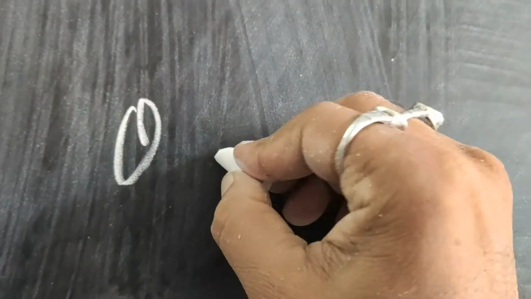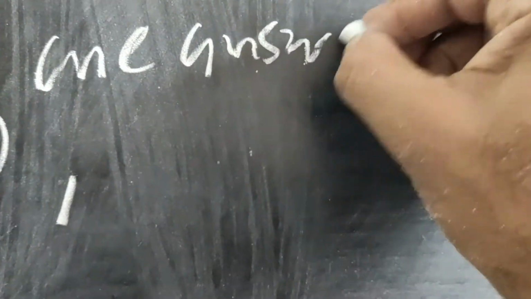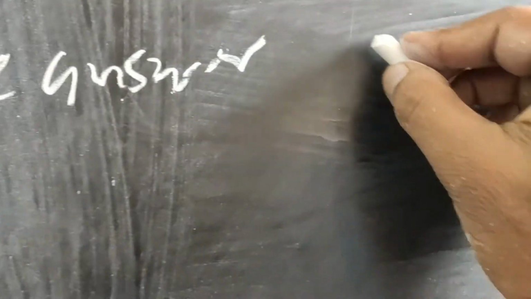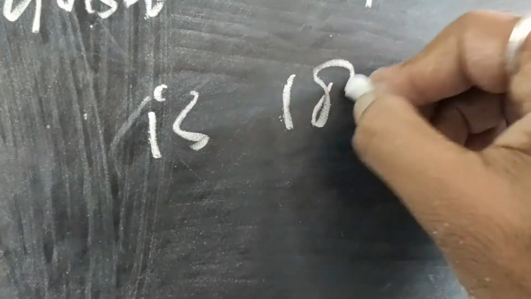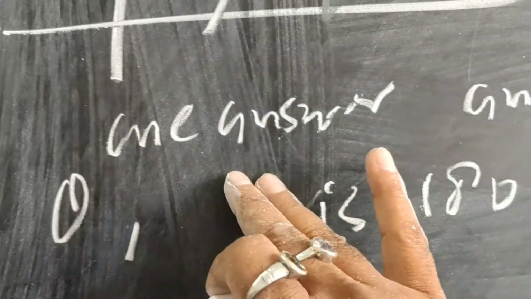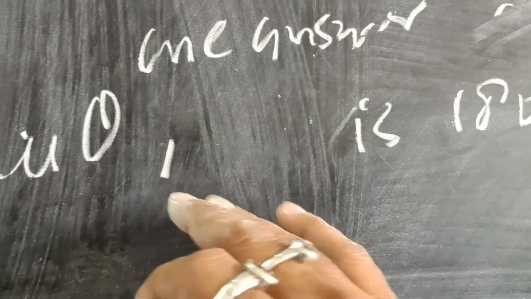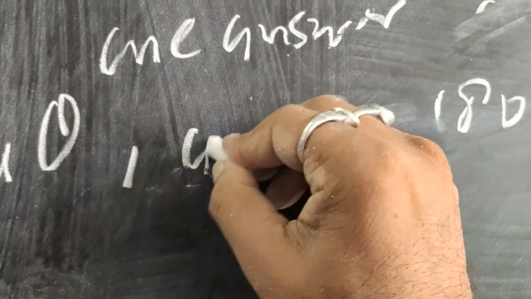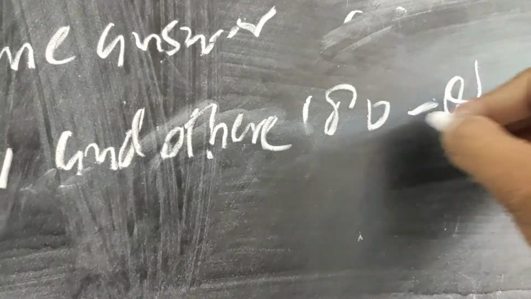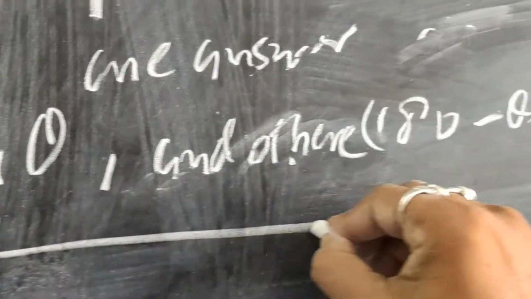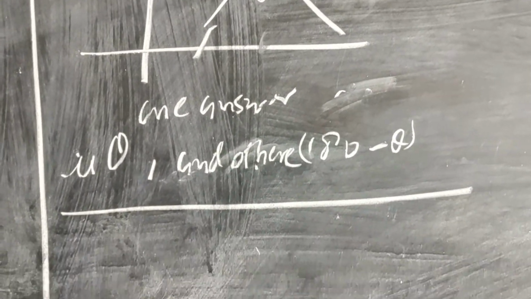So one answer is theta, and the other answer is 180 minus theta. So you have to give these two answers, theta and 180 minus theta, right?